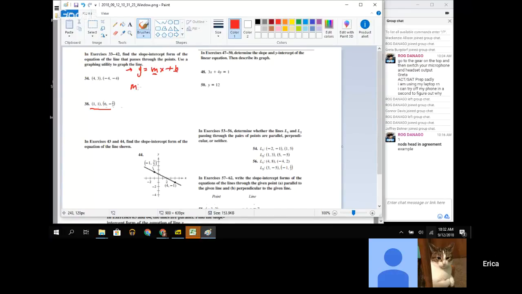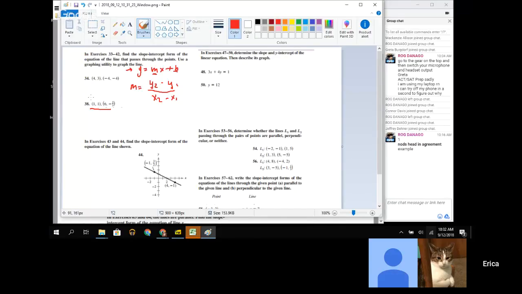The slope is the change in y over the change in x, or y2 minus y1 over x2 minus x1, right? The slope is just the change in y over the change in x. And I have 2 points, so I can figure out how it changes, right?